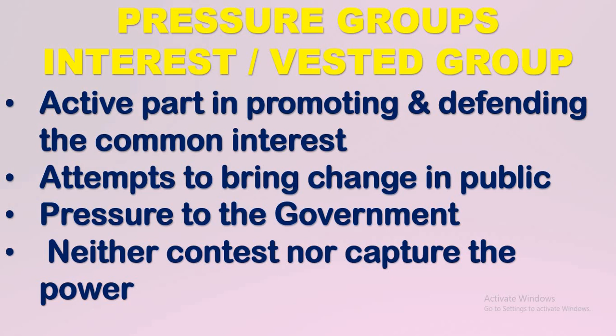They attempt to bring change in the public, the society, and also give pressure to the government. But they neither contest nor capture the power. They never want any position, but they want the public opinion to be fulfilled. This is what is called pressure groups.